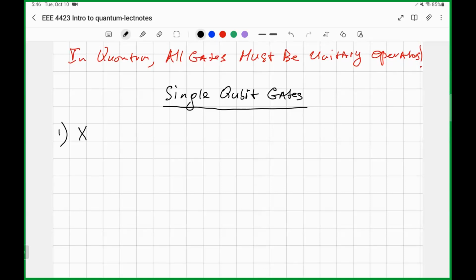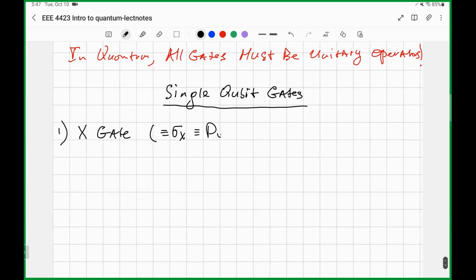First is the X gate. The X gate, sometimes it is denoted by sigma X because it coincides with the X Pauli matrix. Sometimes it's also denoted by PX, sometimes it's denoted by Q naught, et cetera.